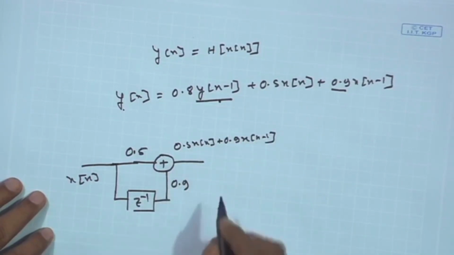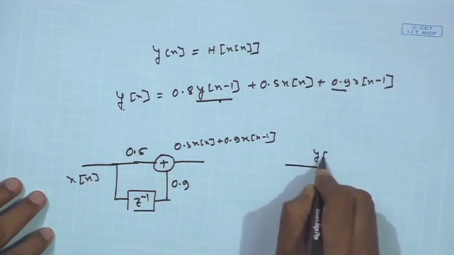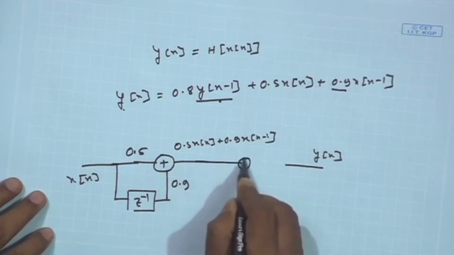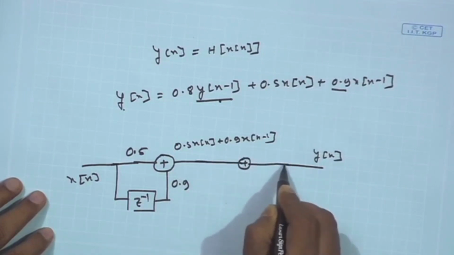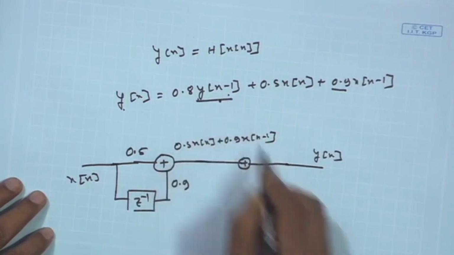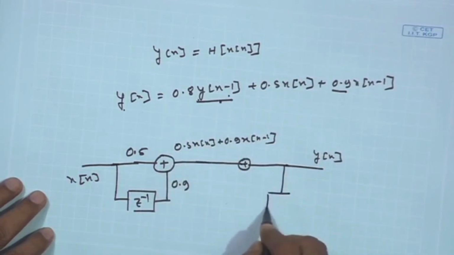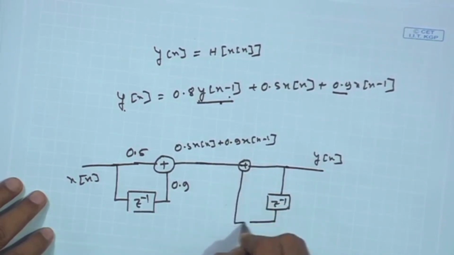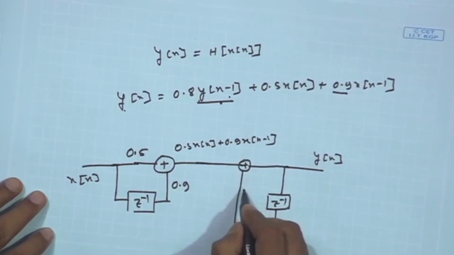Okay. Now, this is my y n. So, y n is nothing but this plus there is a y n minus 1. So, I can take one input from here and then apply z to the power minus 1 delay and add it with a multiplication factor.